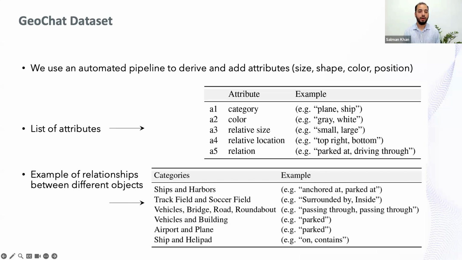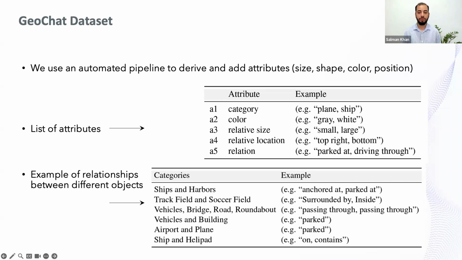For example, we have associations based on the category relationship. So, for example, a plane and a ship are, that is decided at this stage in the attribute A1. Similarly, we talk about color attributes, whether this object is gray or white, yellow, and so on. We talk about the relative size, so whether a certain ship is small or large in comparison to other ships which are present.